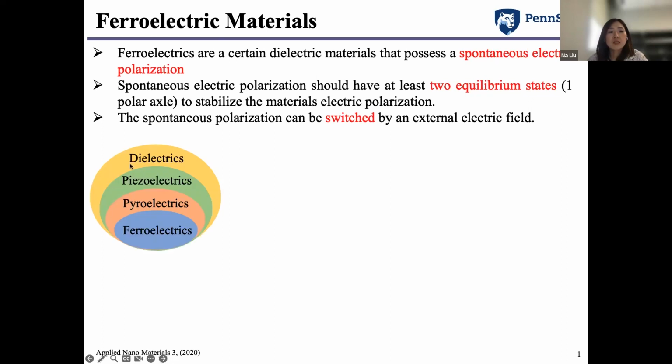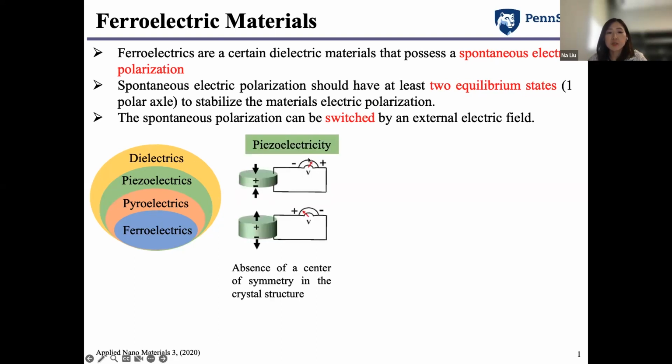This classification of dielectrics tells us that ferroelectric materials exhibit the property of piezoelectricity, which means that the ferroelectric materials can generate surface charges by applying mechanical pressure, and also vice versa.